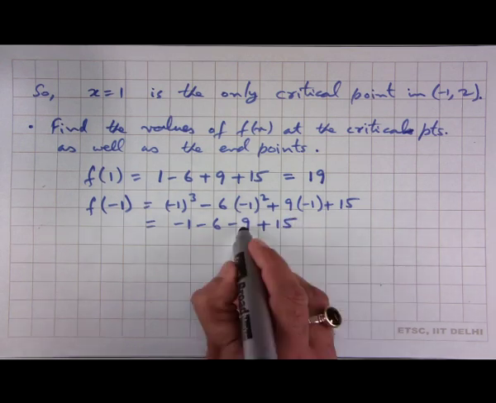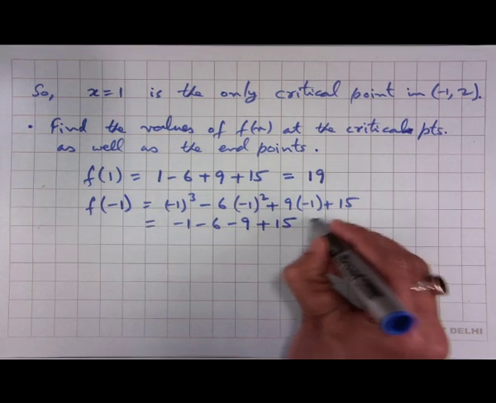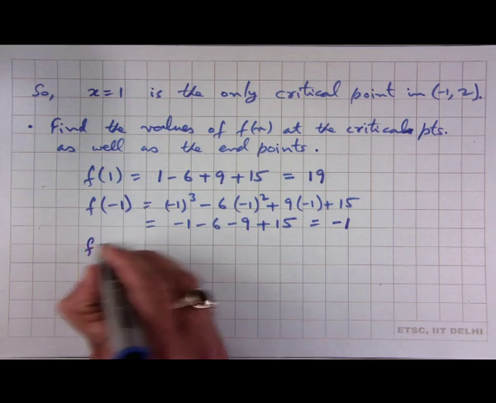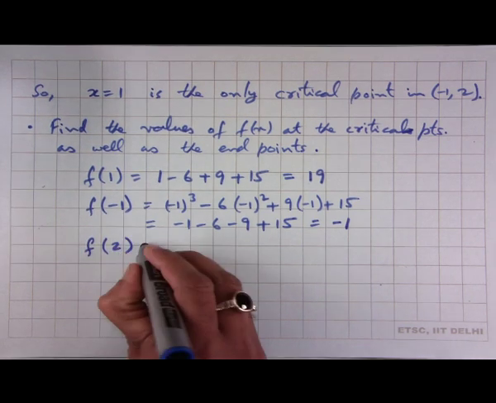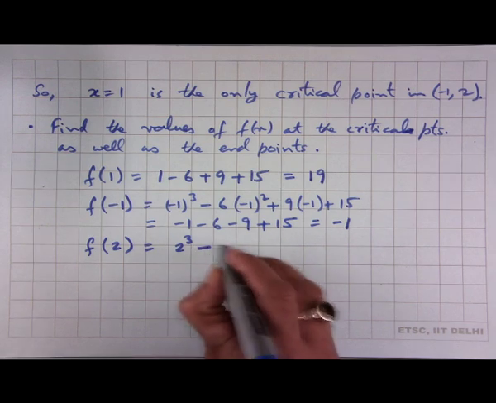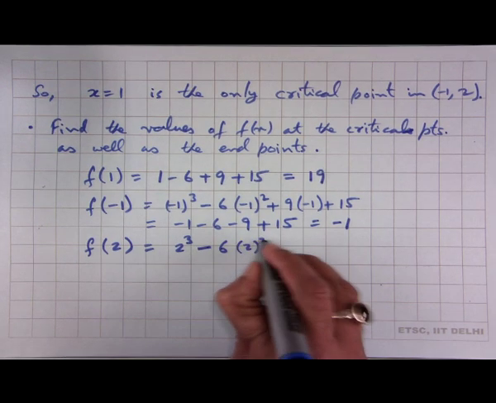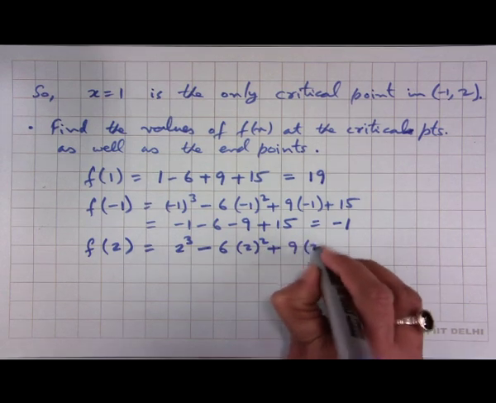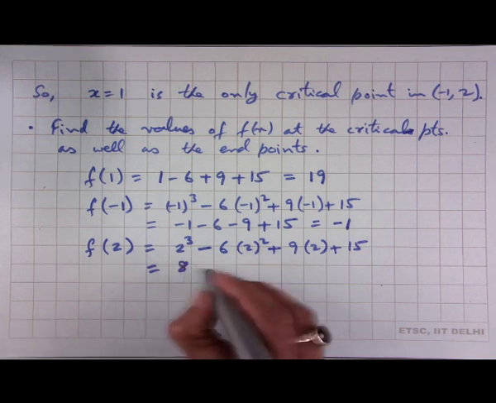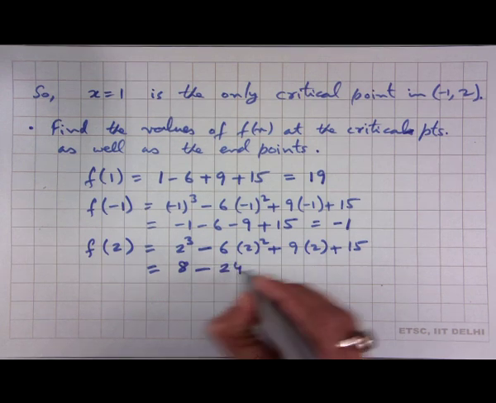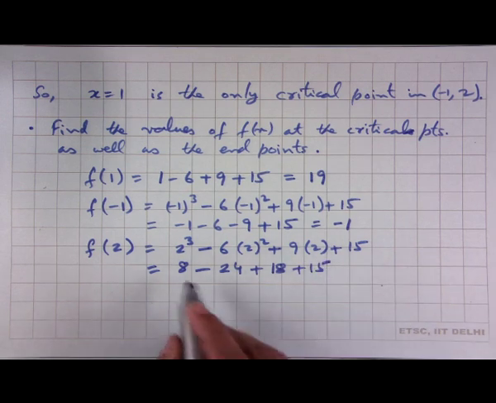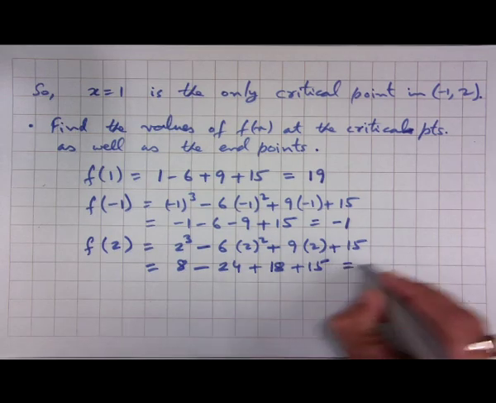So, this gives -1, and at the other end point f at 2 is equal to 2 cube minus 6 times 2 squared plus 9 times 2 plus 15, and this is equal to 8 minus 24 plus 18 plus 15, and this gives 17.